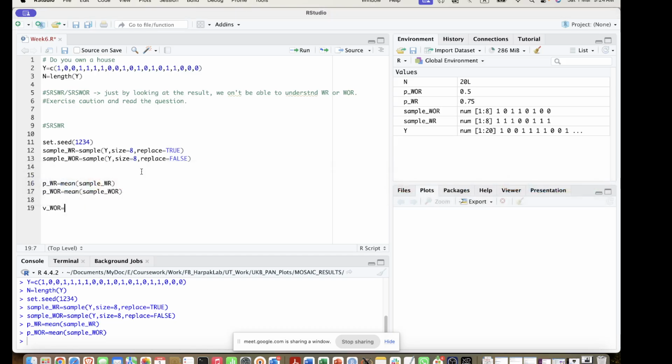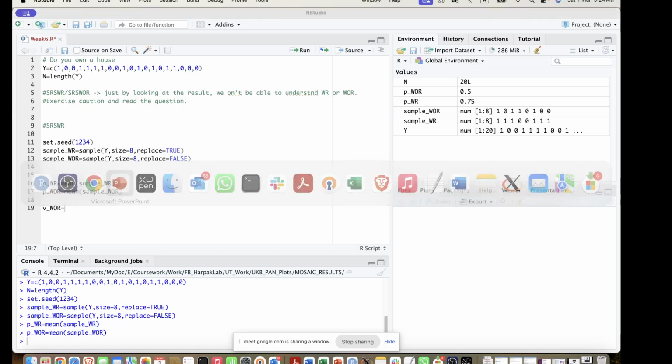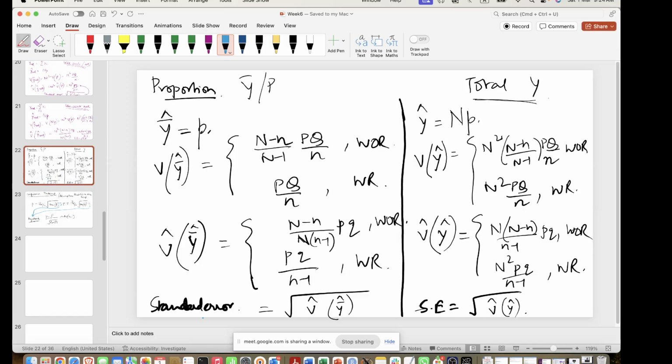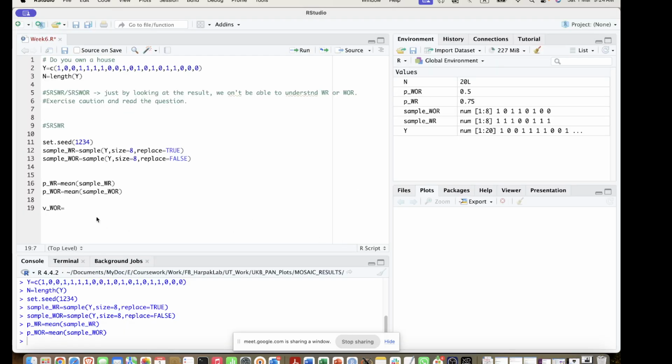Now we'll have to go back to this formula. So variance of WOR is (N minus n) by (N into n minus 1) times PQ. So here we have small n equal to 8.